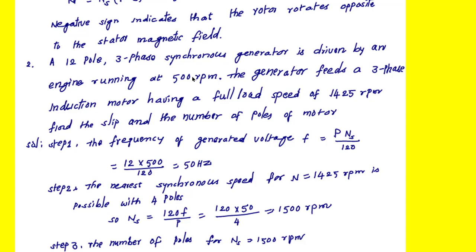Similarly, it also mentions the generator speed. So knowing this speed and the number of poles, we can calculate the frequency of the supply generated by the generator. That is the only new thing that is appearing here.